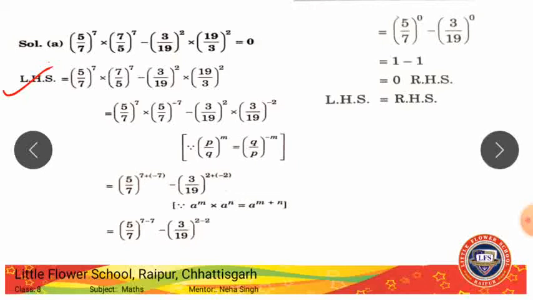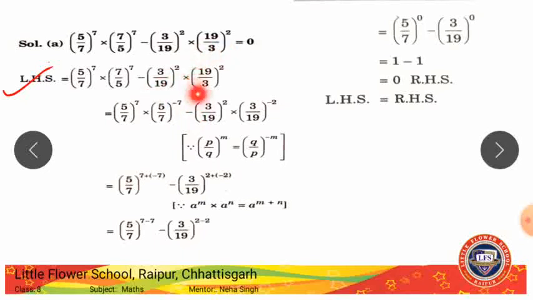Now 5 by 7, if we do the reciprocal, can this and this base be the same? So we'll do the reciprocal for this, and whenever we do a reciprocal, what happens to the power? The power becomes negative, so this can be written as (5/7)^-7.